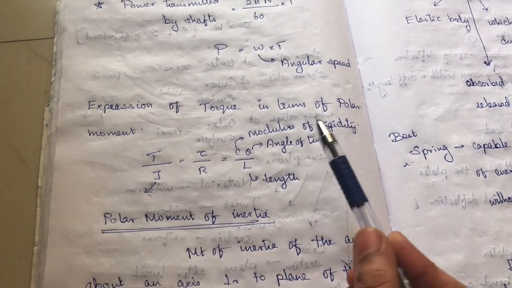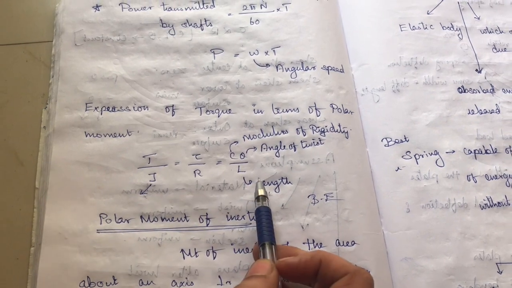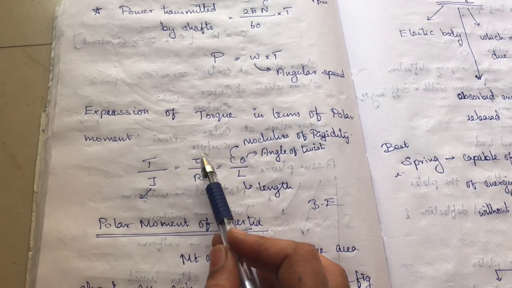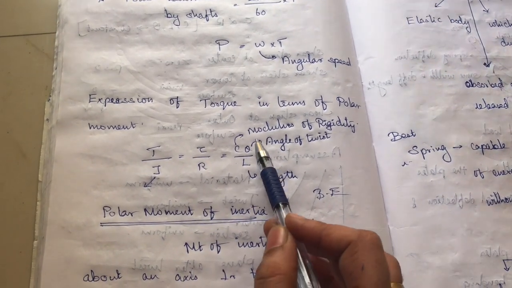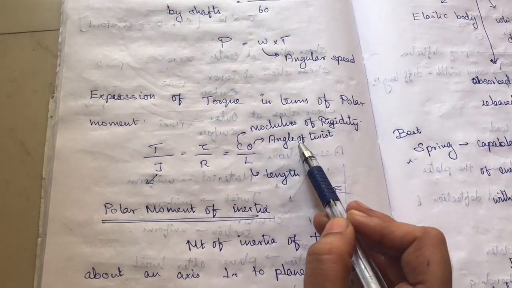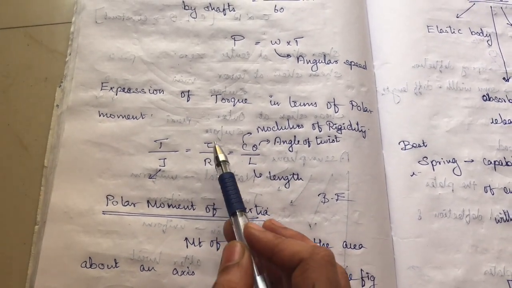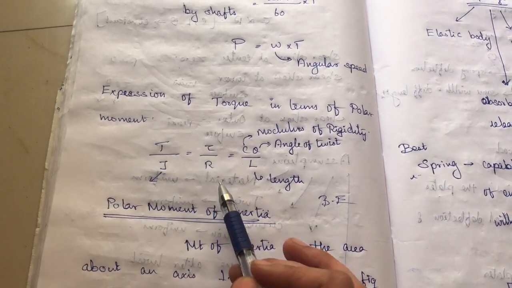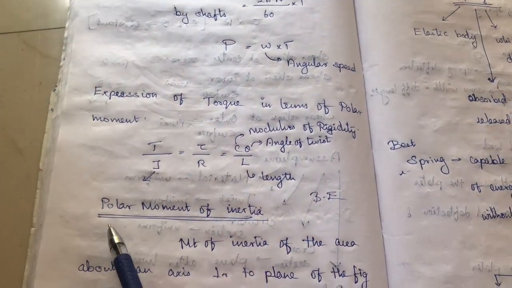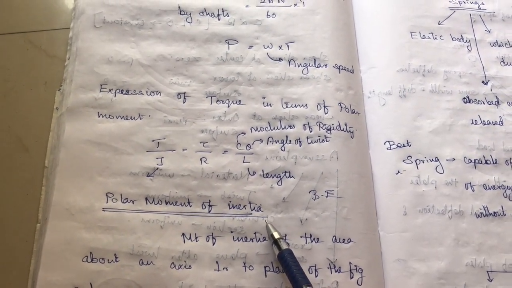As you know, like the bending equation, there is an equation which is T by J, which is equal to tau by R, which is equal to C theta by L. Here C is the modulus of rigidity, theta is the angle of twist, L is the length, tau is the shear stress, T is torque, R is the radius, and J is the polar moment of inertia.